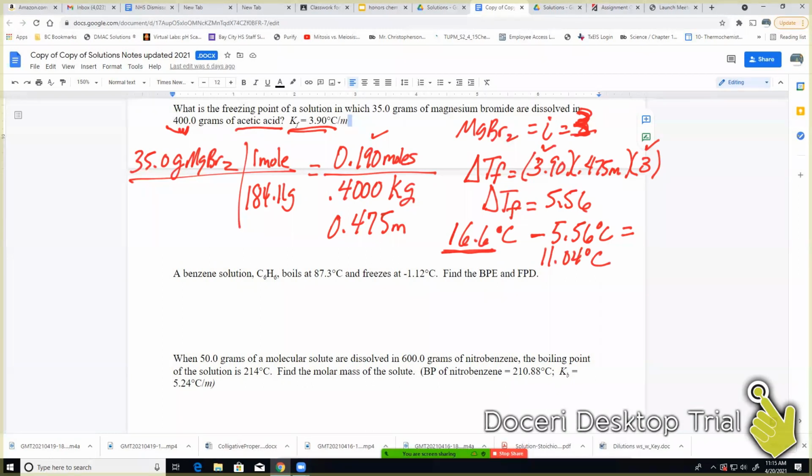All right, on the next one, a benzene solution, and I already have, so if it's a solution, that is the new boiling point and the new freezing point.